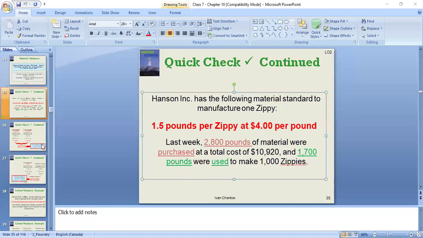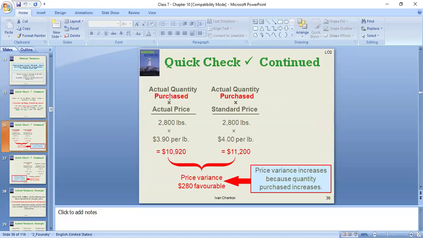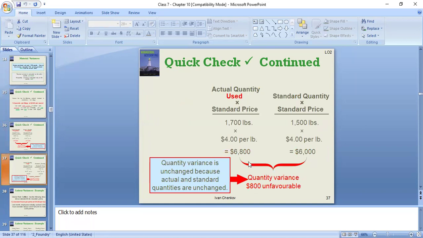You can also see that on the slides, I believe, where we have two different calculations. One is for the price variance, which is based on the actual quantity purchased. And the second is for the quantity variance, which is based on the actual quantity used in the production.